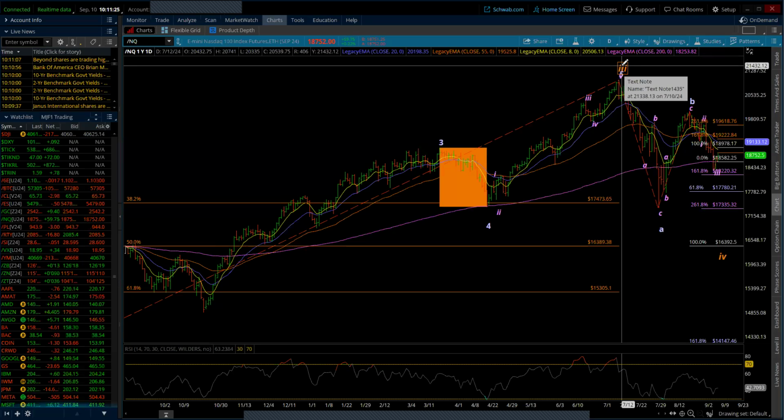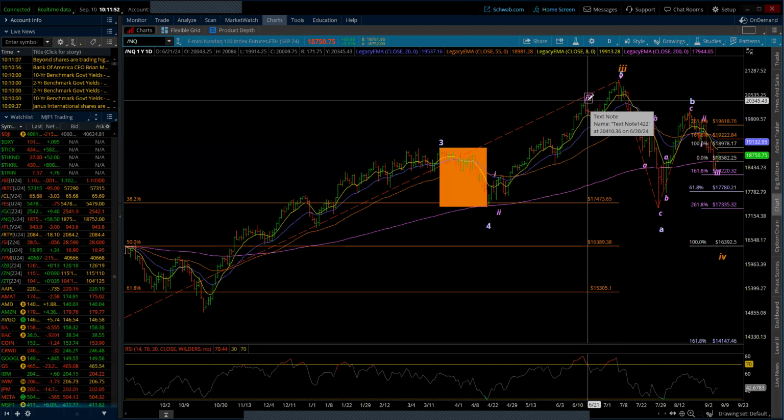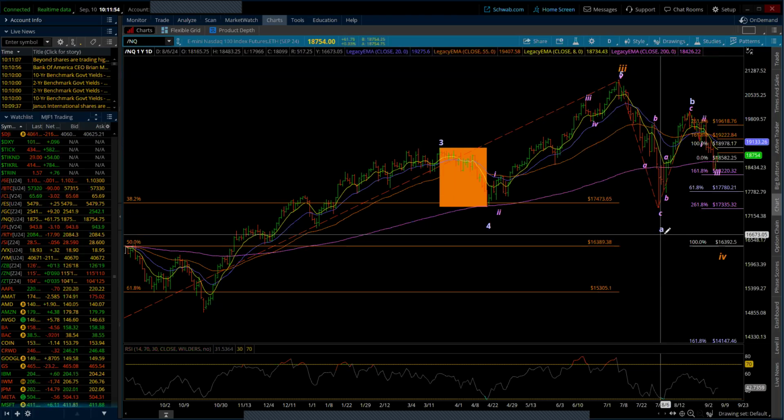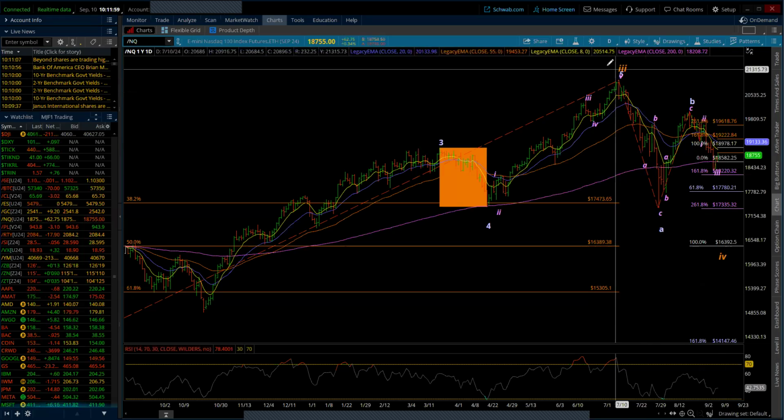Now, Elliott taught us, and we continue to use, that the fourth wave will find its terminus within the price territory down to the terminal point, the end point, of the fourth wave of one lesser degree. So for how we count, let me just say that I'm going to start with a minuette. So I've got a minuette, which is the purple ones. Then you have a minute, which is the kind of whitish colored ones. And then you have minor, which is the orange.